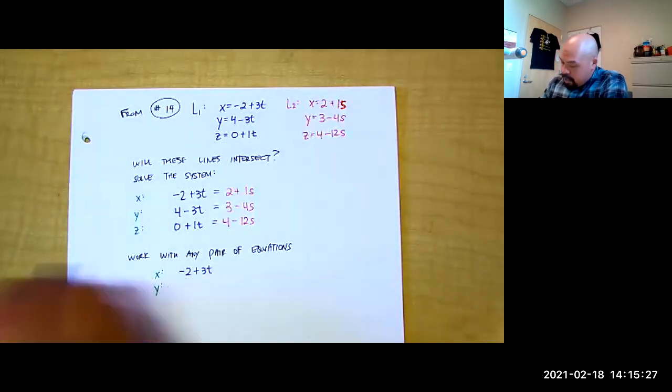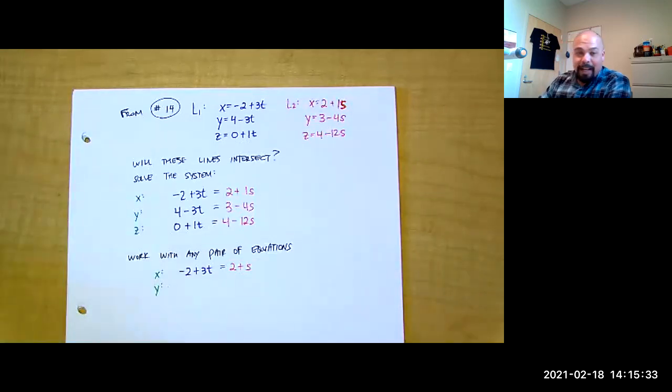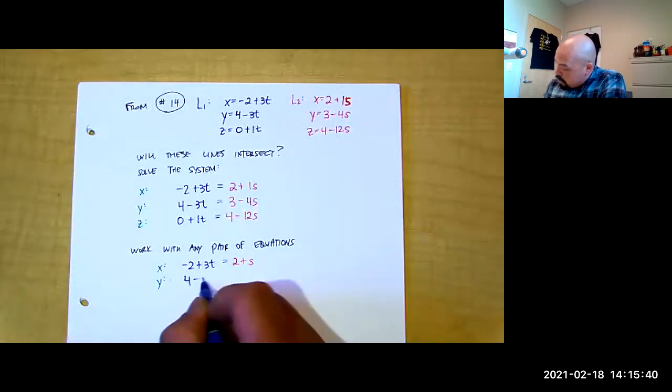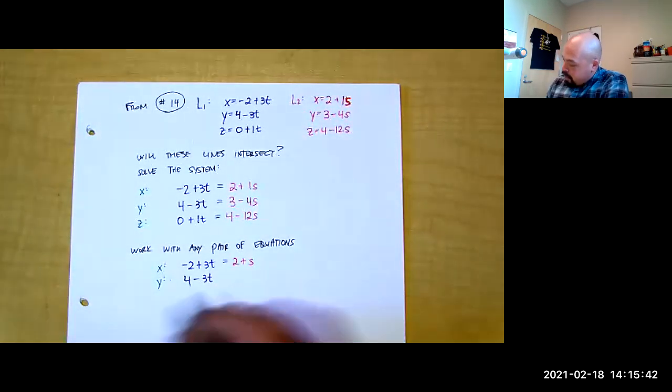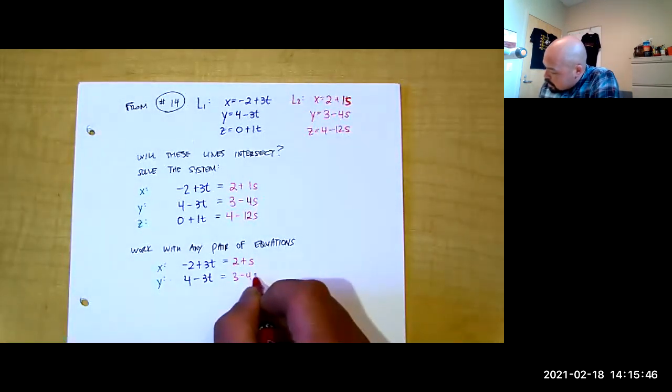-2 plus 3t equals 2 plus s, and again, I'm not going to write this in color coordinating in just a moment. The y: 4 minus 3t equaling 3 minus 4s.